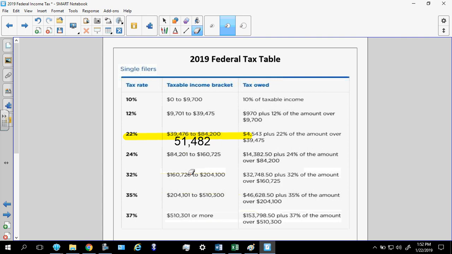Since this is the bracket we're going to use, we have to use this little formula here. First off, you see this number here, 4,543.